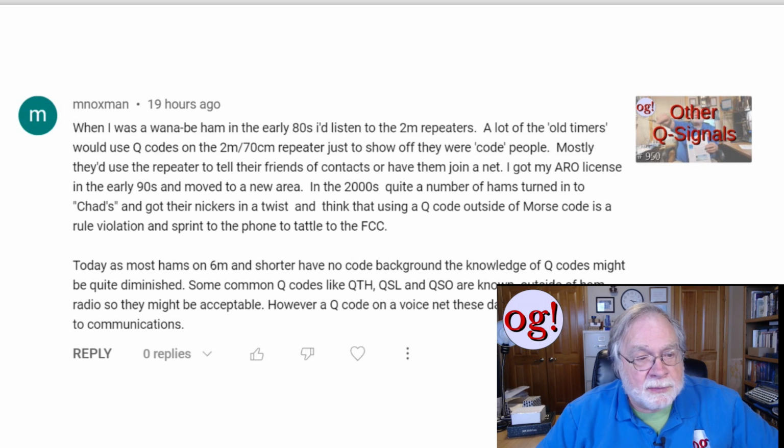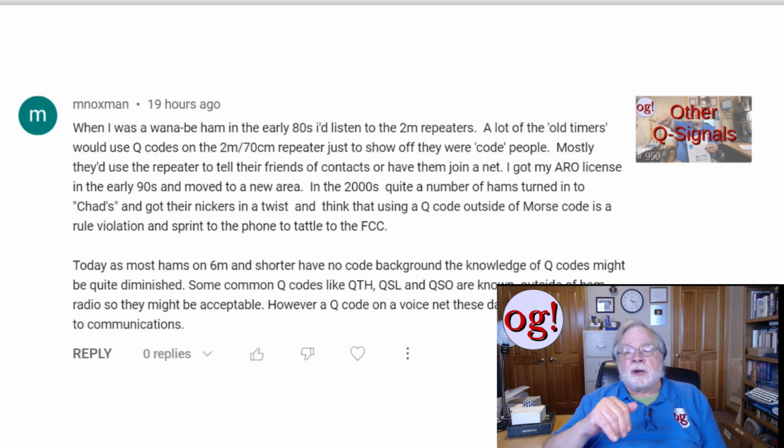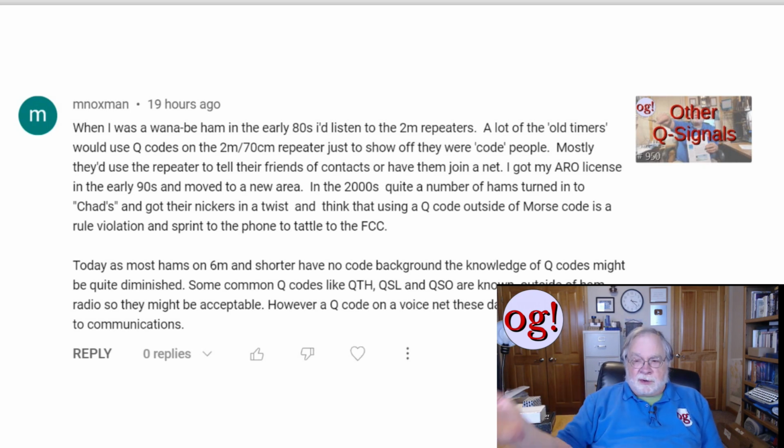And there are common codes like QTH, QSL, QSO that are known. Well, they're not known much outside of ham radio. If you're going to be talking over a link, like to emergency services, don't use Q codes, don't use 10 codes, don't use any codes. Use plain English, or if you're in Mexico, Spanish.